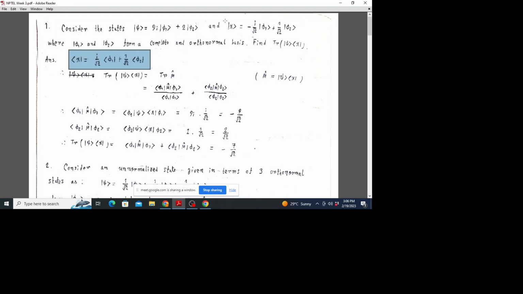If chi is given as that linear combination, then the corresponding dual state or bra state will be given like this. Please note that this minus i has to be complex conjugated here, and that gives i by root 2.